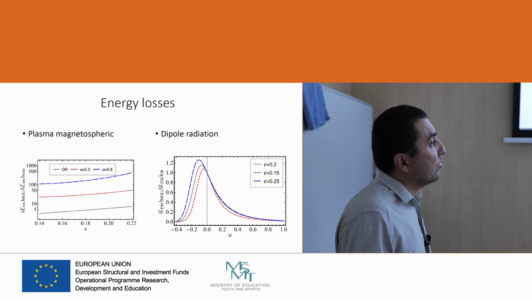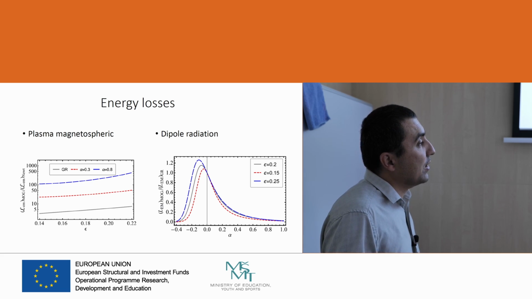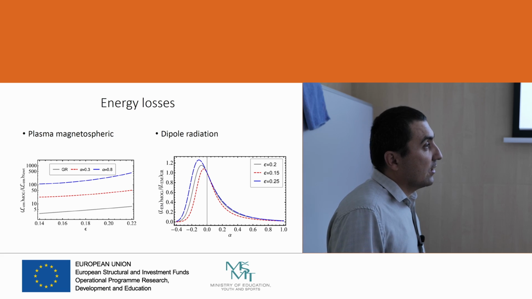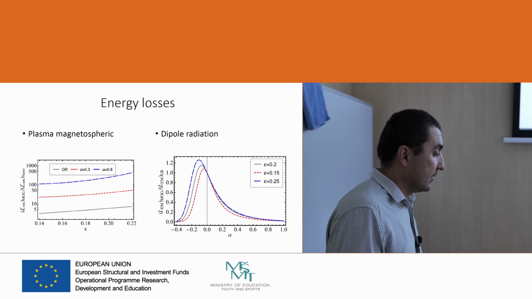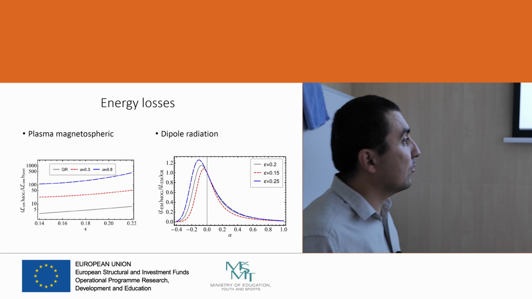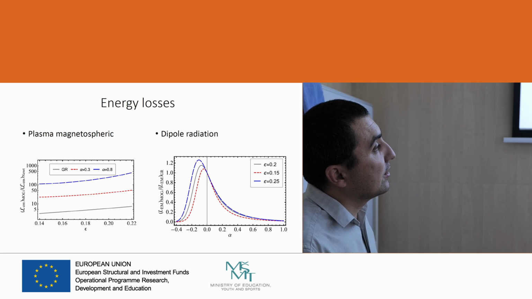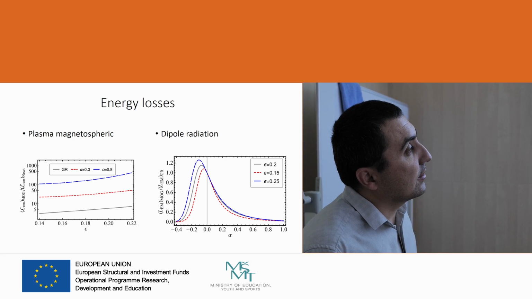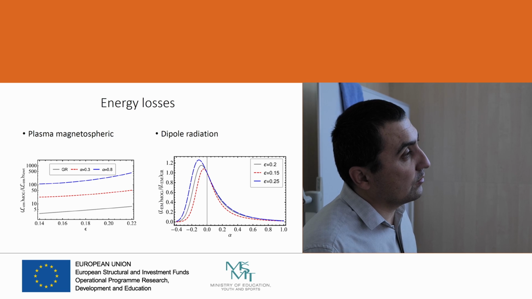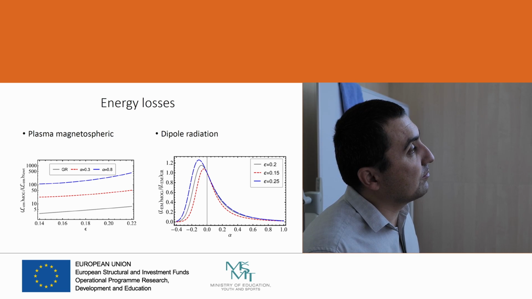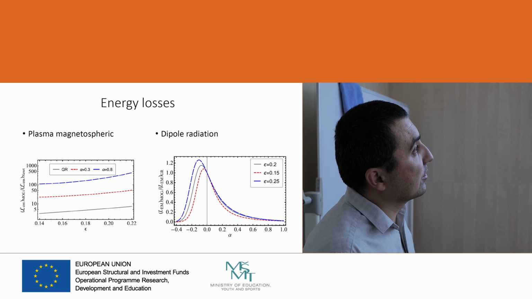So this shows that in the presence of some external scalar, vector, or scalar-tensor fields, the space-time around the star becomes dependent on the mass to radius relation.